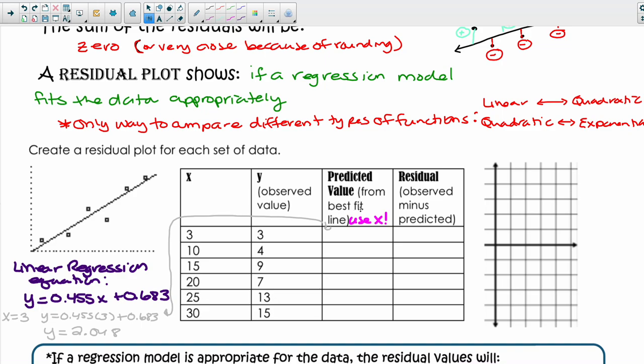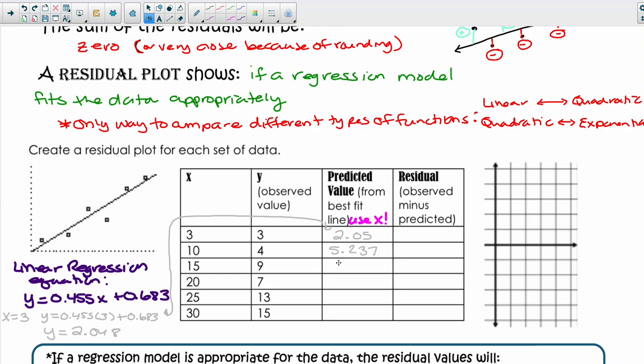So our predicted value here from that line of best fit is actually 2.05. I'm just going to round that to 2.05. So I can do the same thing for each of these. With my x value of 10, I'm going to plug in, and I'll get that the predicted value is 5.237.